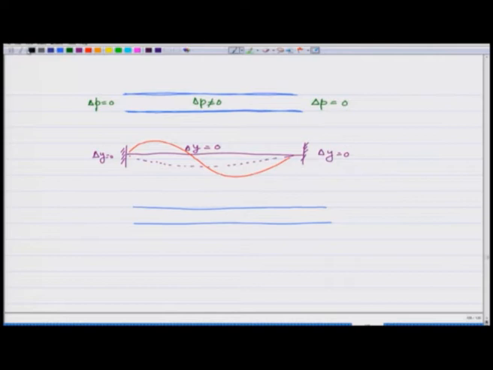and if I were to plot the variation of the pressure in the middle, it will be 0 at the ends, it could be large right at the center, or it could be 0 at the ends and a different kind of variation at the center.